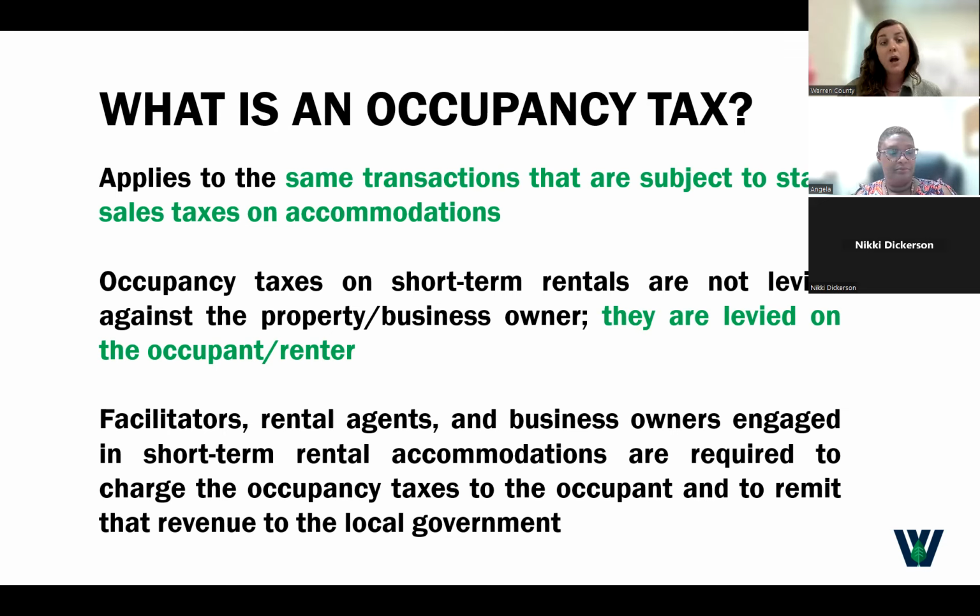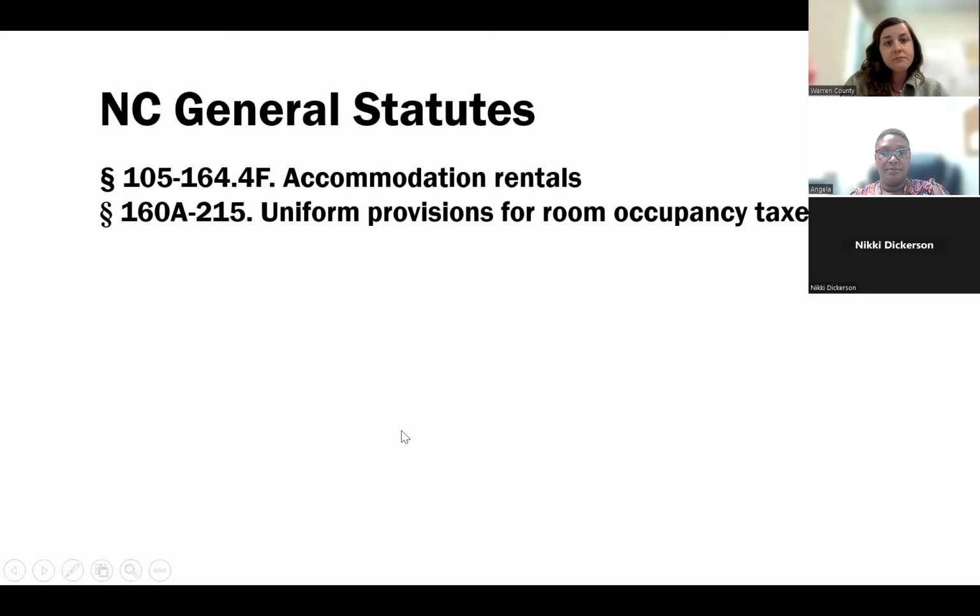If you are running a business in Warren County in the state of North Carolina, and you are legally required to collect sales tax on your goods, in this case on accommodations, then even though the person buying that item is responsible for paying the sales tax, you as the business owner are required to make sure it's being charged. So it's very similar to sales tax.